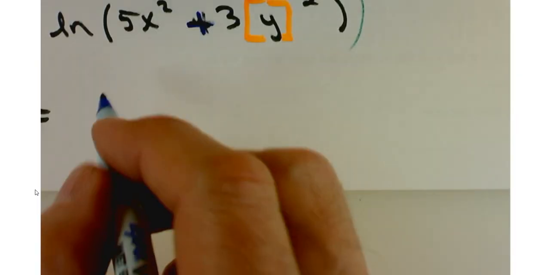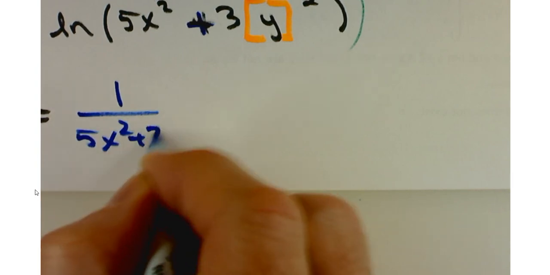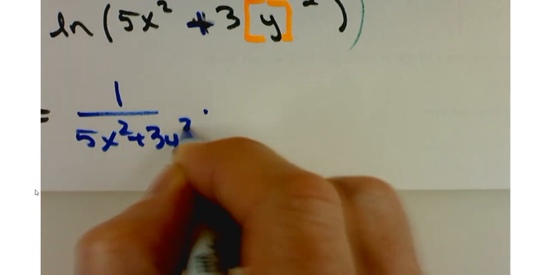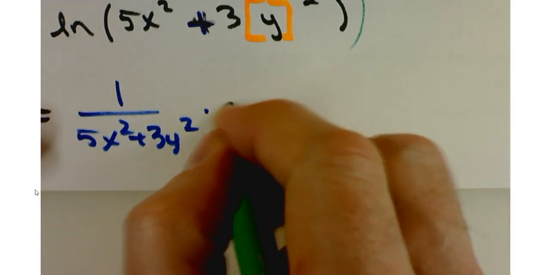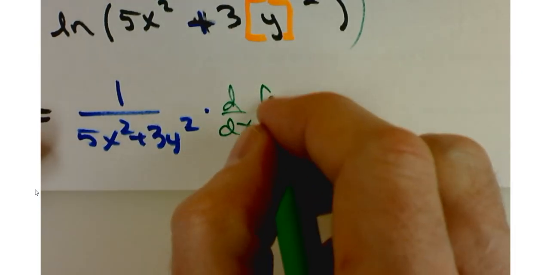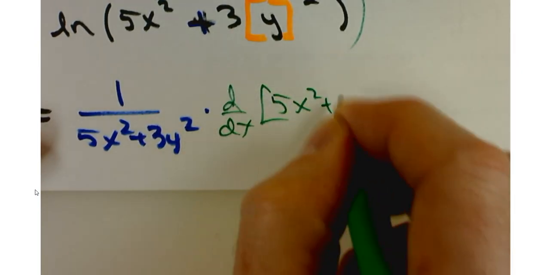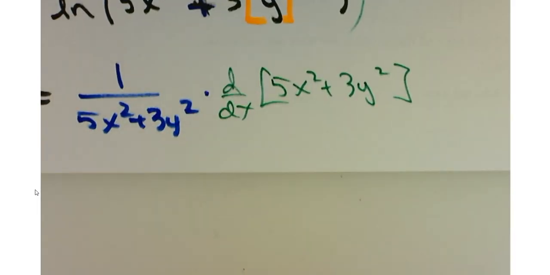So it's going to be 1 over 5x squared plus 3y squared times the derivative of the inside. So I'm just going to write d by dx. I'm going to take the derivative of the inside, 5x squared plus 3y squared. I should probably write that with parentheses. Let me continue over here.